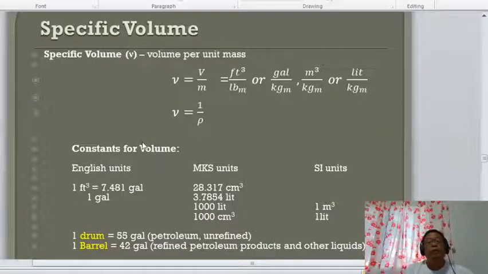We have 1,000 liters in MKS, that is equivalent in SI to 1 cubic meter, and 1,000 cubic centimeters is equivalent to 1 liter. Take note here, 1 drum is equivalent to 55 gallons, that is for unrefined petroleum. And 1 barrel is equivalent to 42 gallons, for refined petroleum products and other liquids.